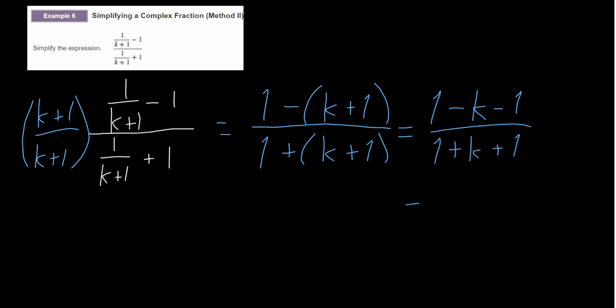We can combine like terms here. We have a positive 1 minus 1, which is just going to be a 0, so those are going to cancel off in the numerator. What remains is a negative k, and in my denominator, my two 1s are going to be combining, so I've got a k plus 2. There's nothing more I can do with this, and that is the end of this particular problem. And that also concludes today's lecture.